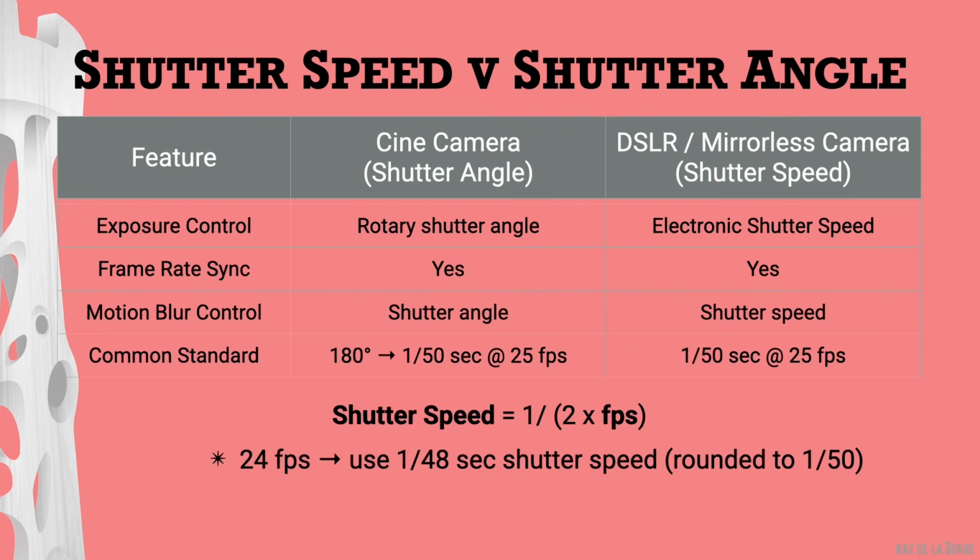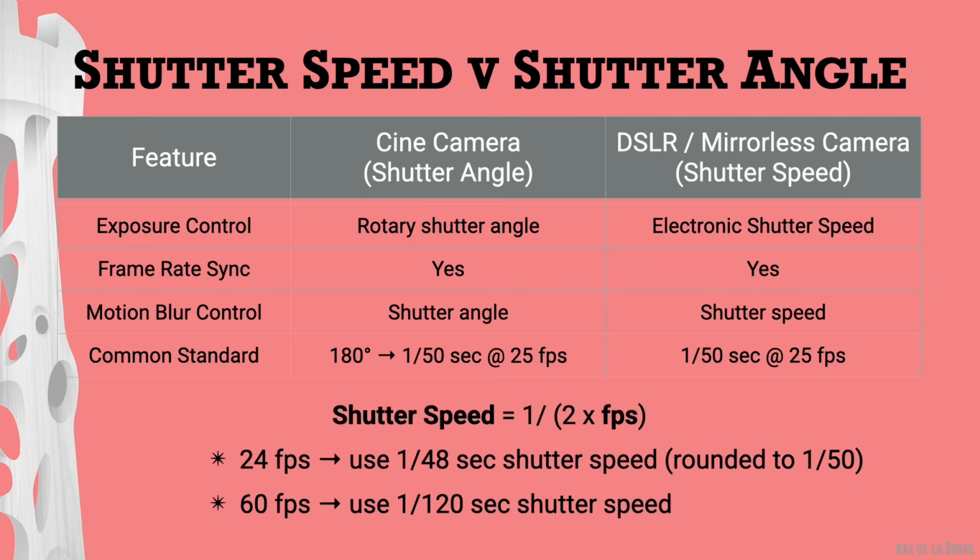At 24 frames per second, use 1 over 48th of a second, rounded to 1 over 50. And at 60 frames per second, use 1 over 120th of a second. This gives natural motion blur and avoids frame overlap.